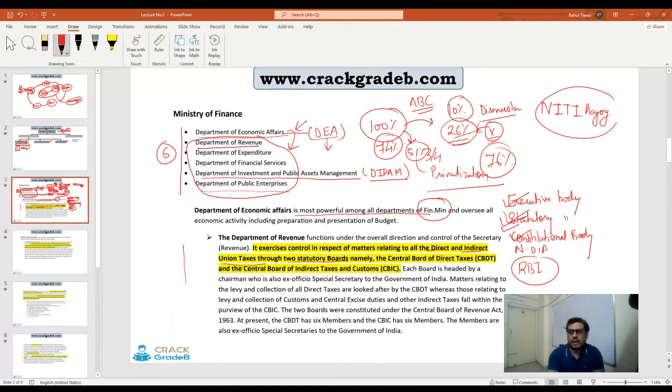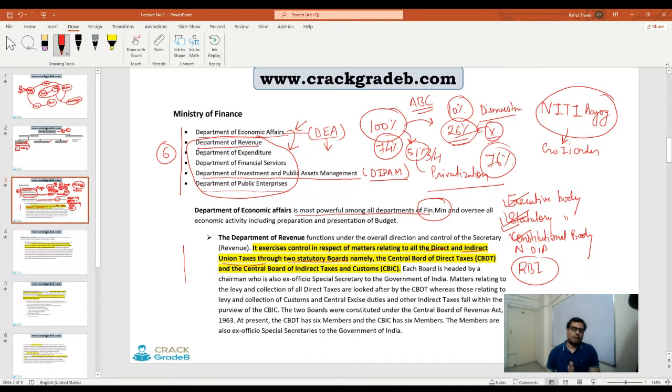So this Niti Ayog was formed with the government of India's order, right? Government didn't go to the parliament, present the bill, pass the bill, and then form the Niti Ayog. No, it was formed with an executive order.